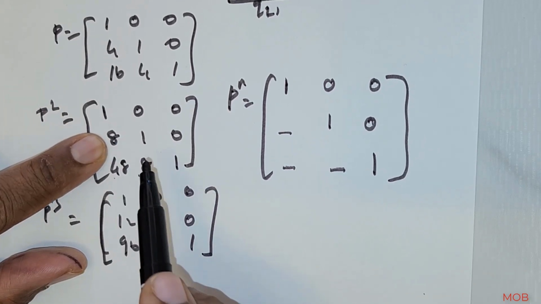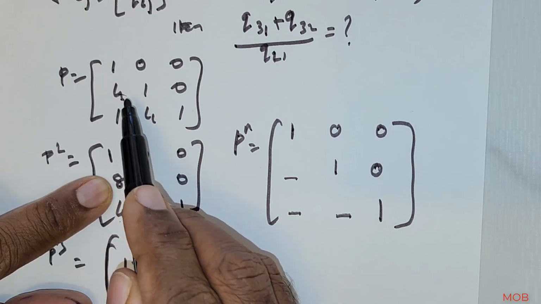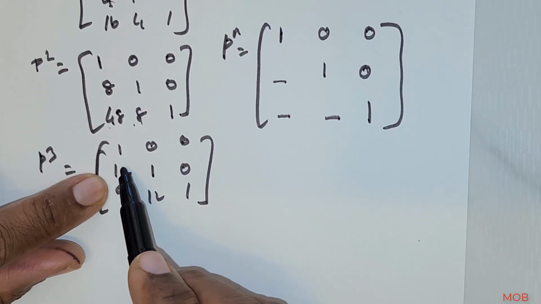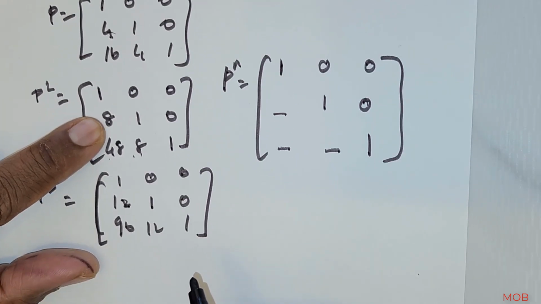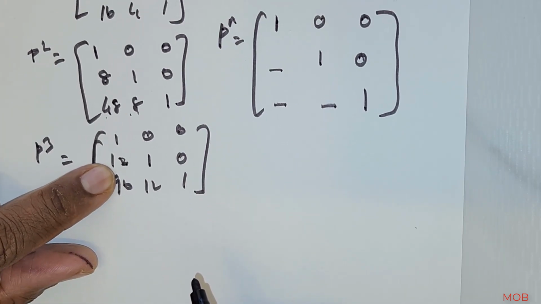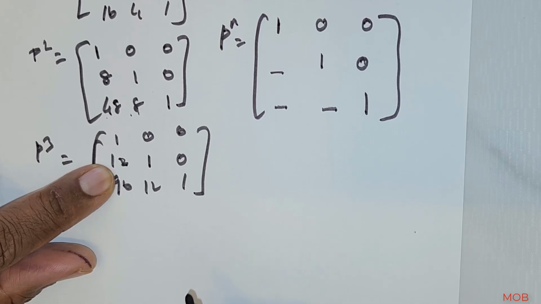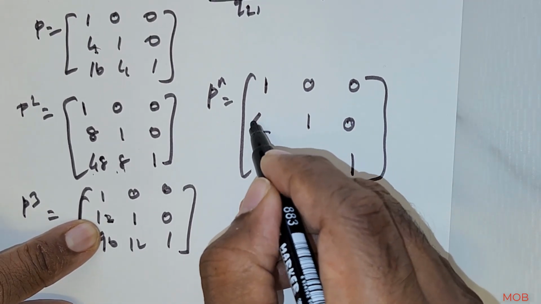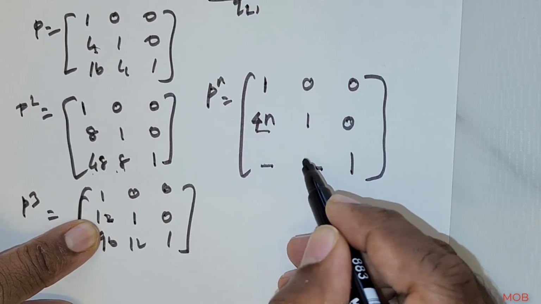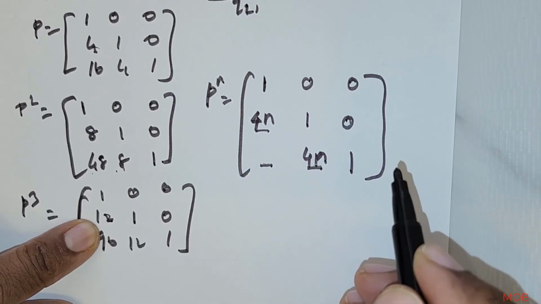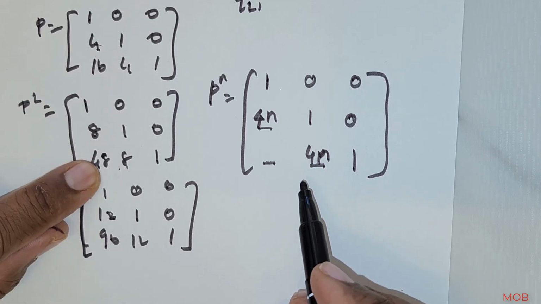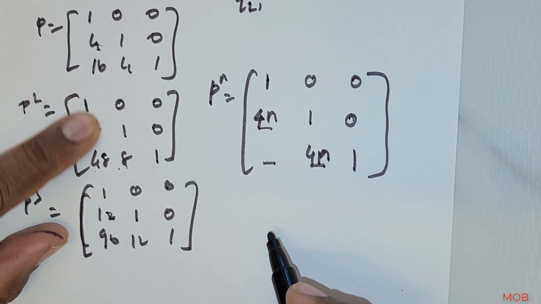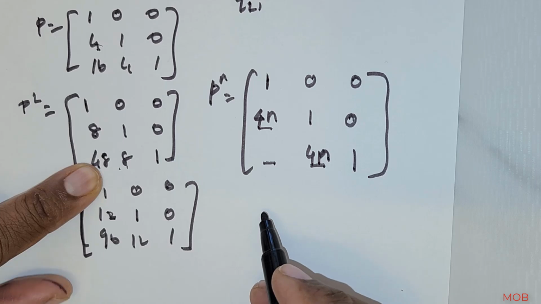Now for these two elements, you see you have a 4 here, an 8 here, and a 12 here. So 4 times 2 is 8 and 4 times 3 is 12. That means this has to be a multiple of 4, so 4 times n and 4 times n. Fair enough. Now when I substitute the value of n, I need to get 16 and 48.